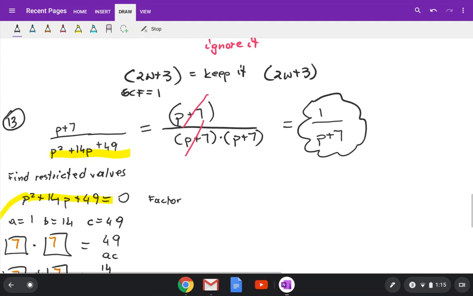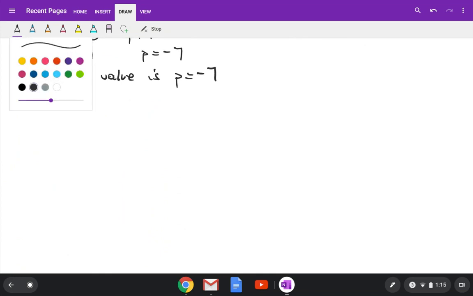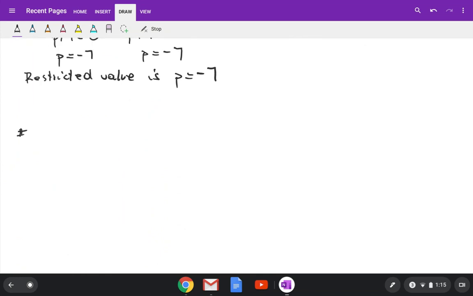I'm moving to number 17. Number 17. In number 17, multiply or divide. Okay, so 17 we have 8 over x squared minus 25 times 3x plus 15 over 16.